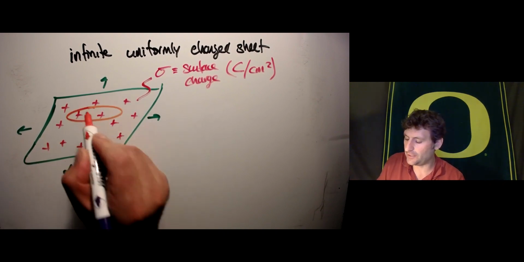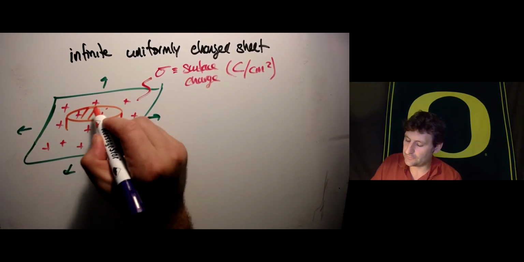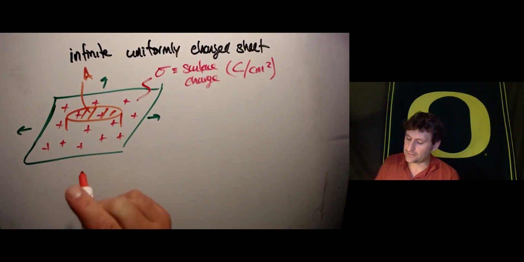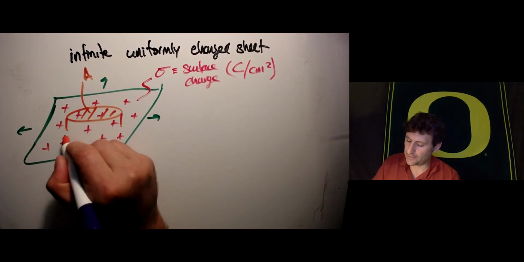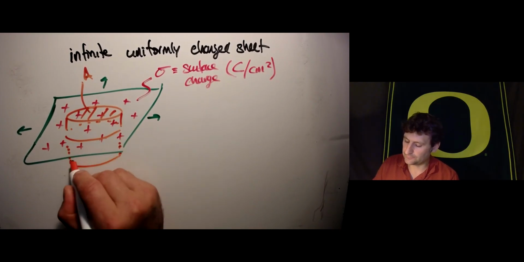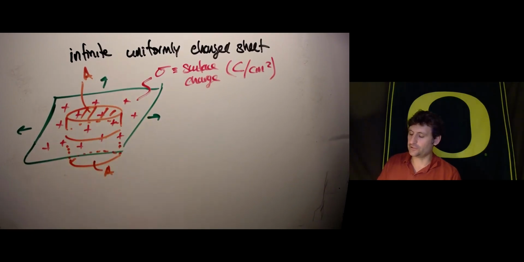So I'm going to draw what's called a pillbox. It's a cylinder, okay? It's a cylinder with some top surface A, and that cylinder is going to go both on the top and on the bottom of this sheet of charge.